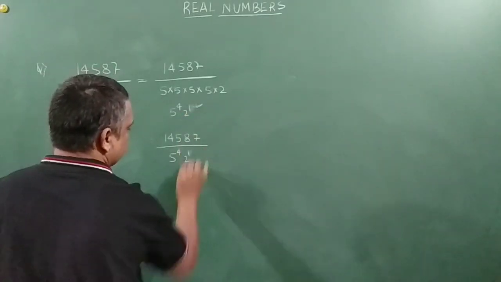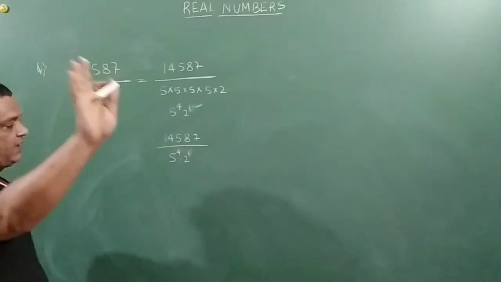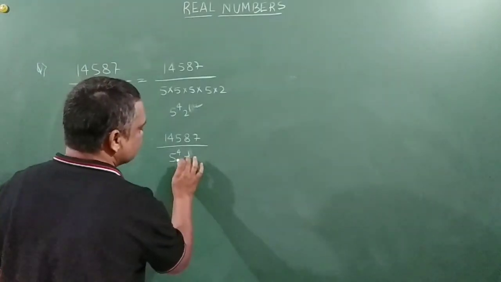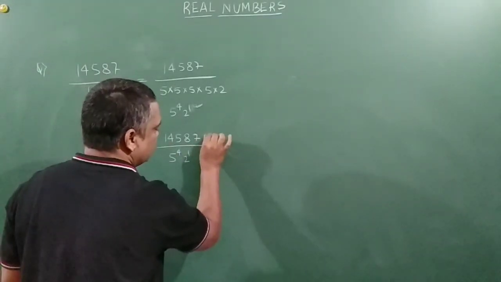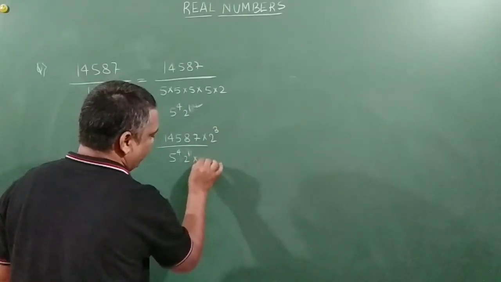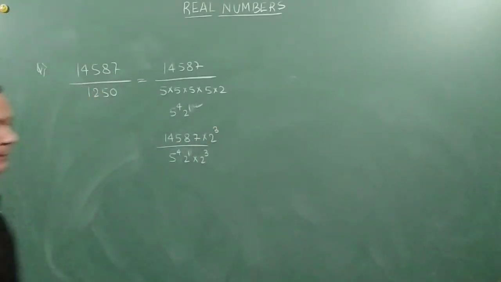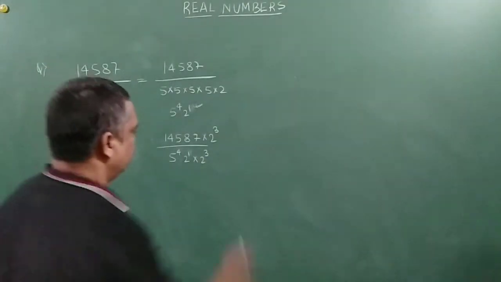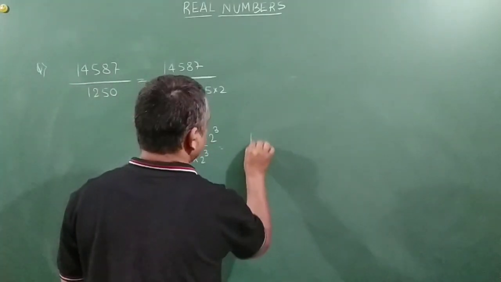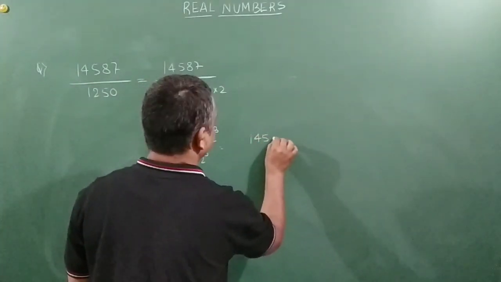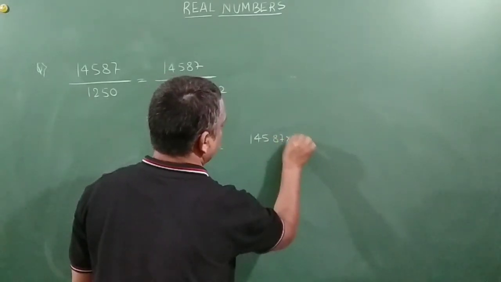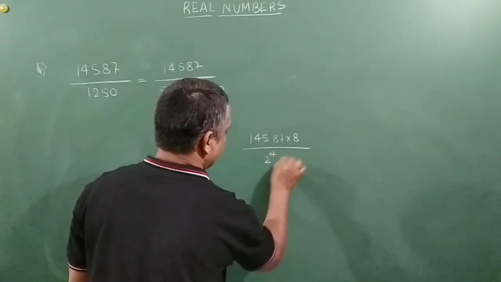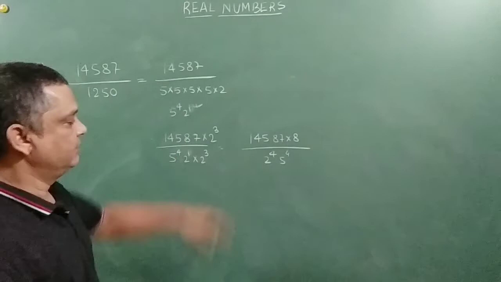So I am going to multiply top and bottom with 2 raised to power 3, as per the law of exponents: when the base is the same, powers get added. So 14587 into 8 divided by 2 raised to power 4 and 5 raised to power 4. Correct? I have done it like this.